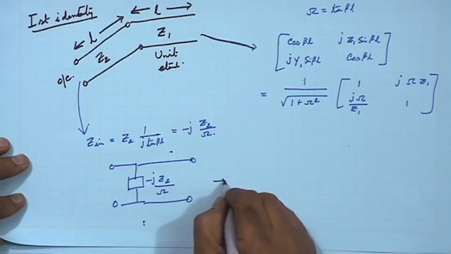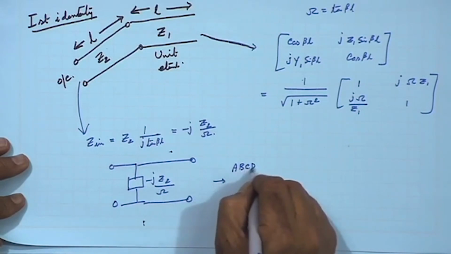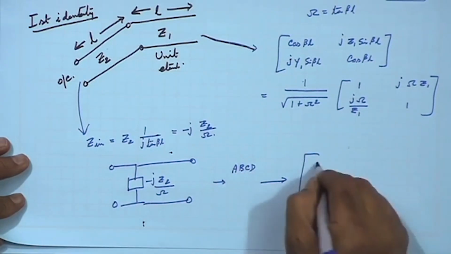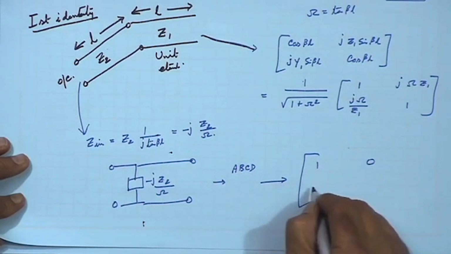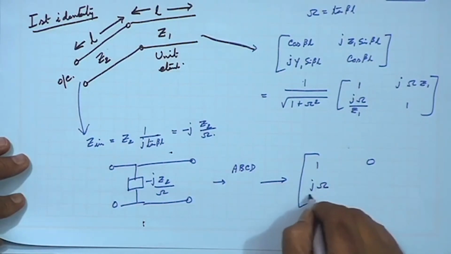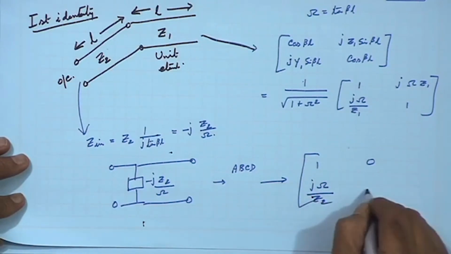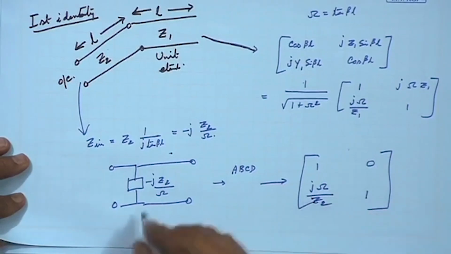So, what is its ABCD parameter? ABCD will be simply 1, 0, and C will be j omega by Z2, and this is 1. This you can check, we have already seen it earlier.